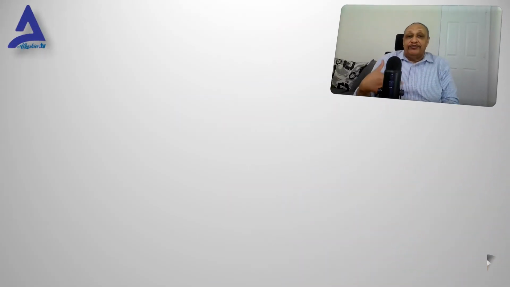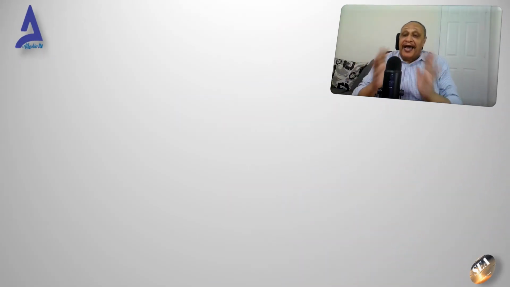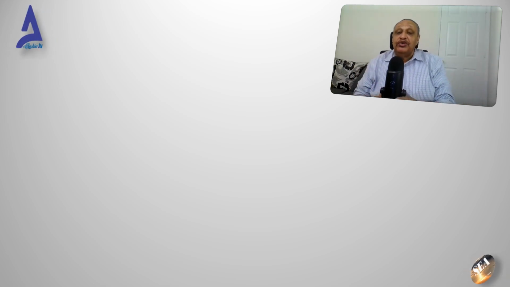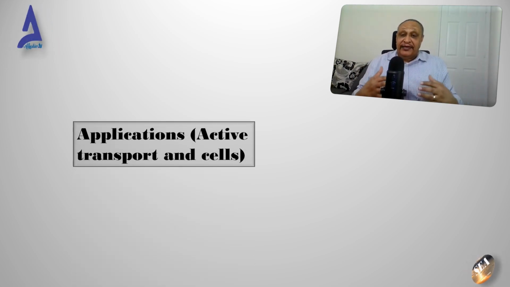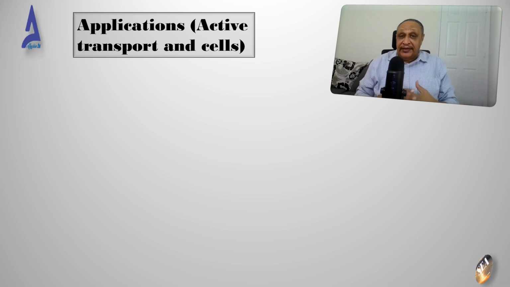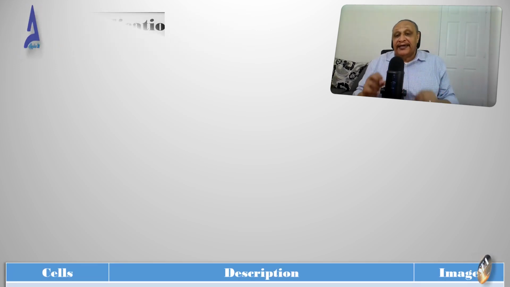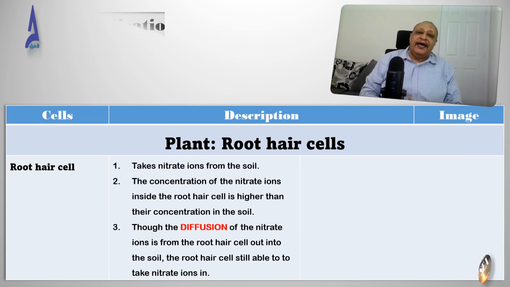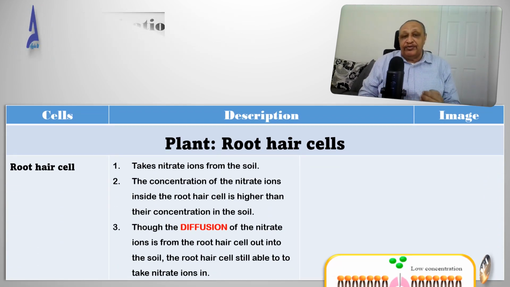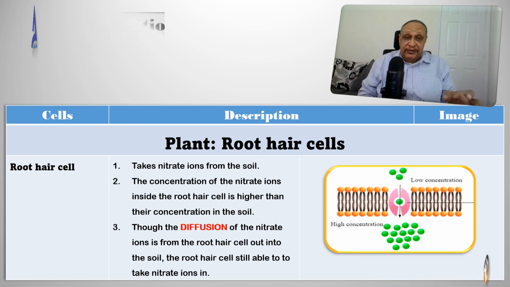Here we come to apply our knowledge about active transport to what we have in cells, how this happens inside cells. And by this, we are going to the cell under discussion, which is the root hair cell.